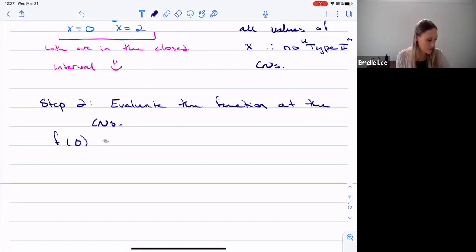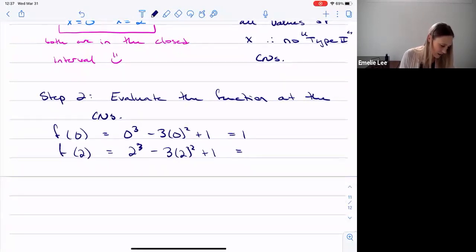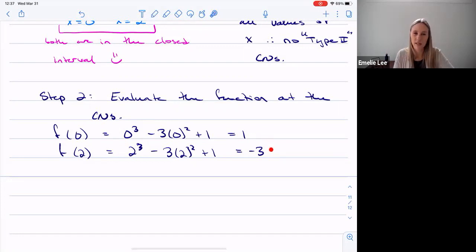F of 0 is 0 to the 3 minus 3 times 0 squared plus 1, which is 1. And f of 2 is 2 to the 3 minus 3 times 2 squared plus 1, which is -3. These are potential maximums and minimums, at outputs of 1 and -3.